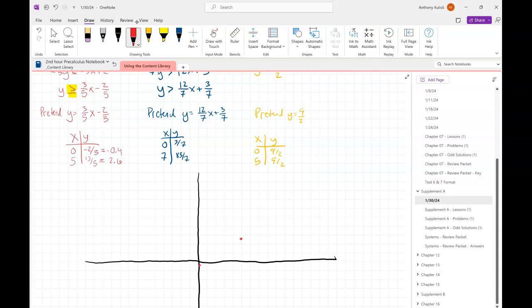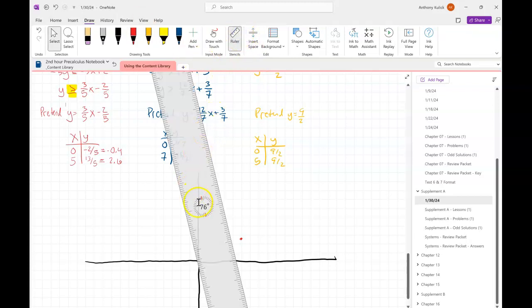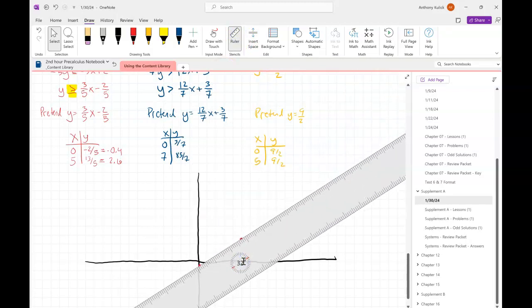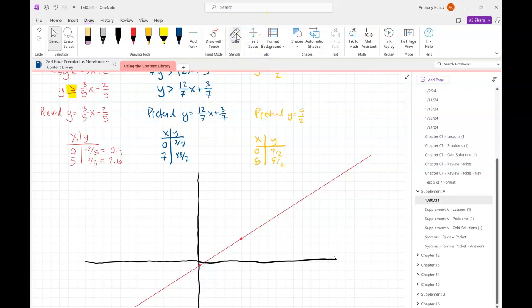That means when I draw my line, it's going to be a solid line. Let's use the ruler. And because it's greater than, I'm going to be shading above it.